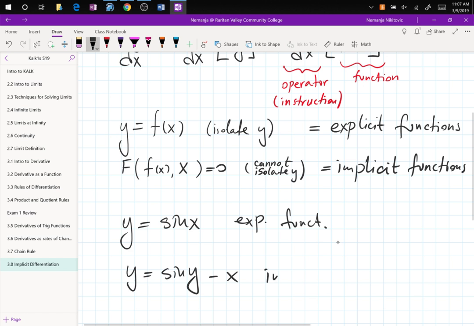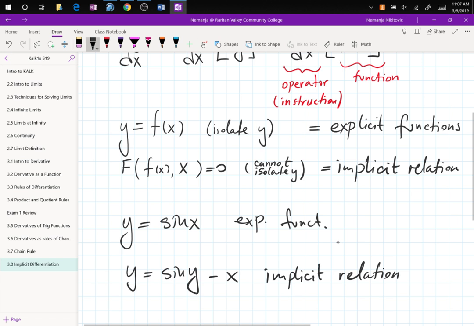This would be an implicit function, because you cannot... it's not an implicit function, it's an implicit relation. It's not a function.